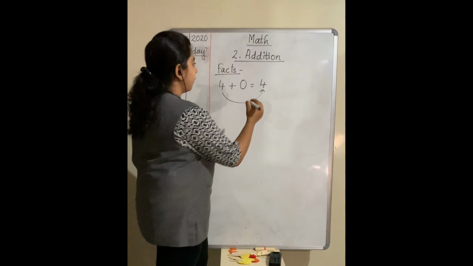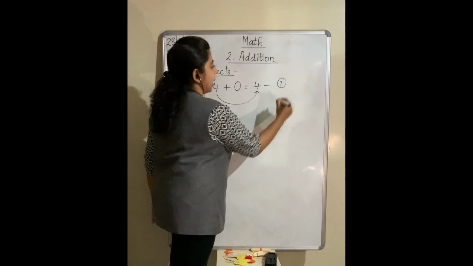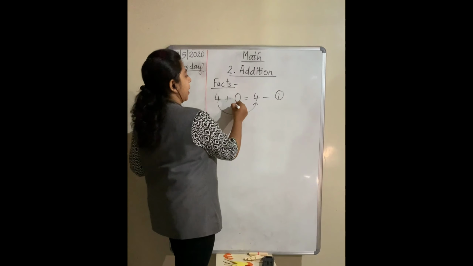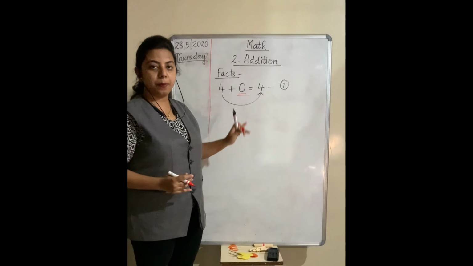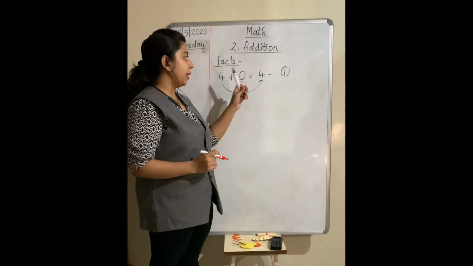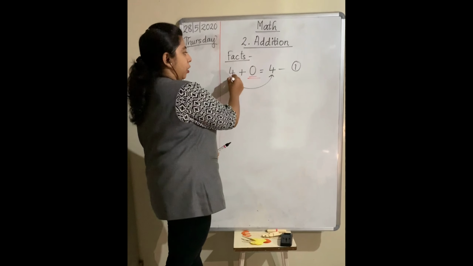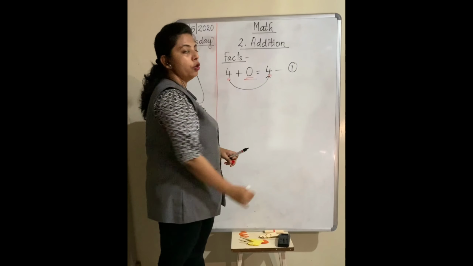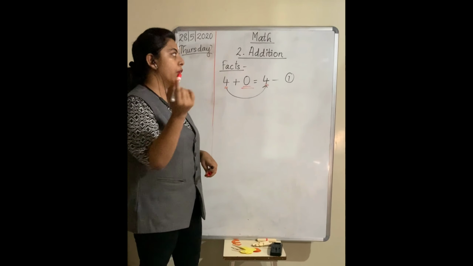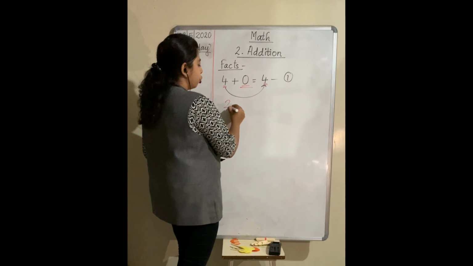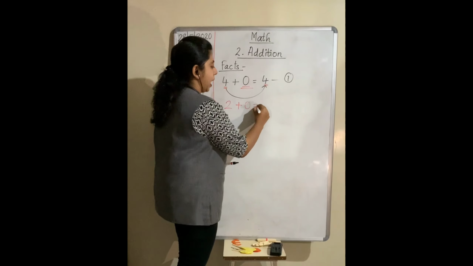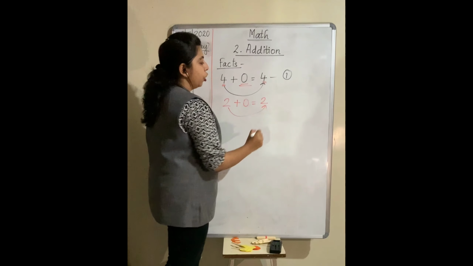So this means the first fact is that if we add 0 to any number, the sum of that number remains the same itself. So this is equal to this. Whenever we add 0 to any number, even if we take 2 plus 0, my answer is going to remain 2 itself.